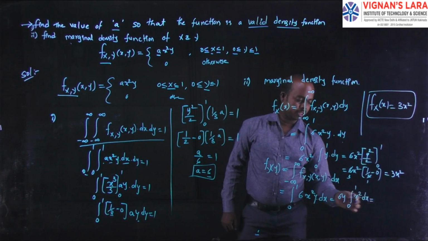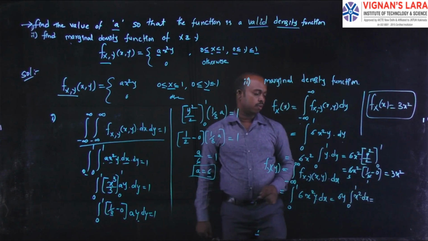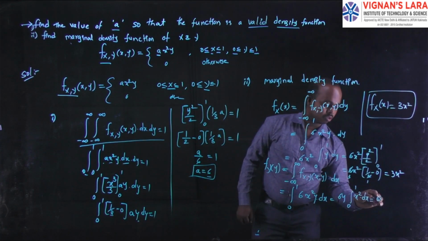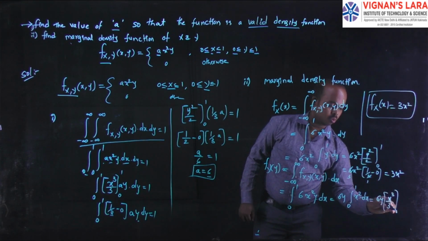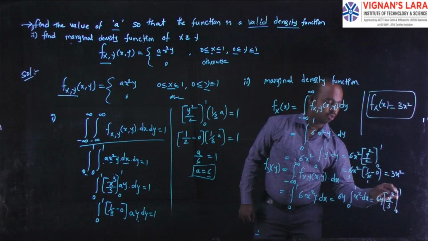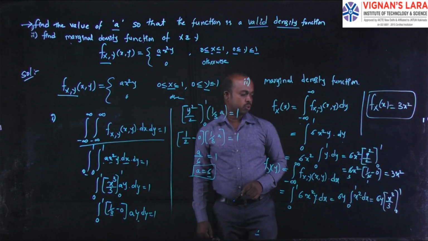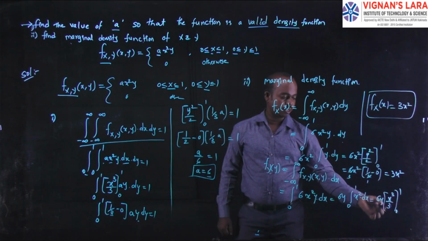You can apply the integration on x square. The value is 6y as a constant, x cube by 3, with limits 0 to 1.